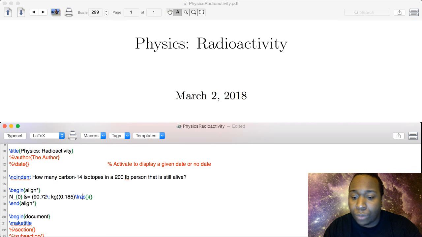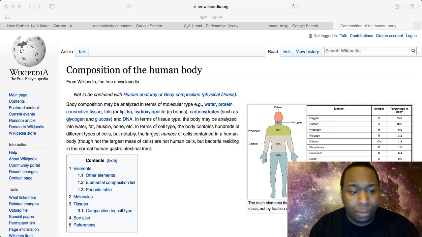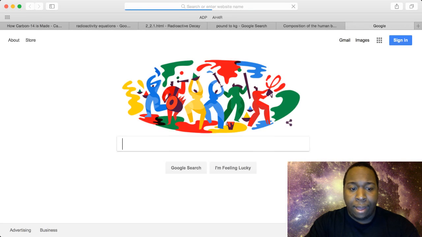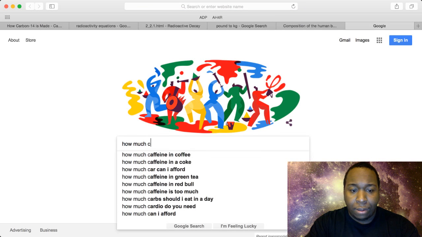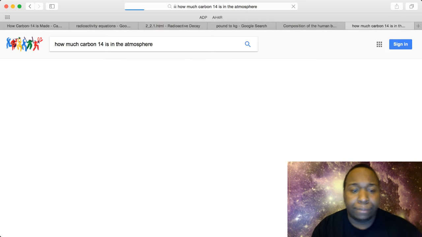So we need to figure out exactly how much carbon-14 is in the atmosphere, because apparently there's that much carbon-14 within our bodies, or at least the ratio is the same. So let's go back to the internet. And how much carbon-14 is in the atmosphere?